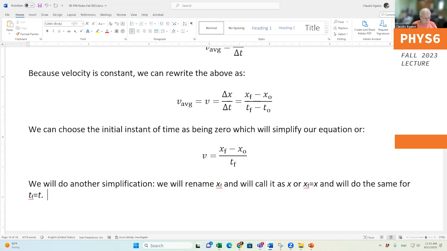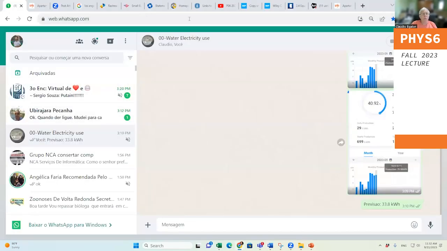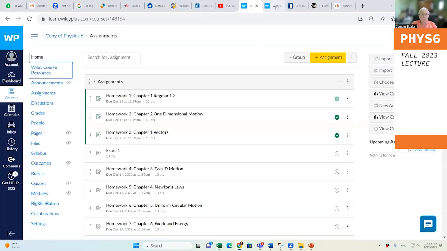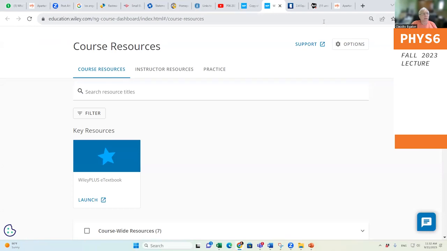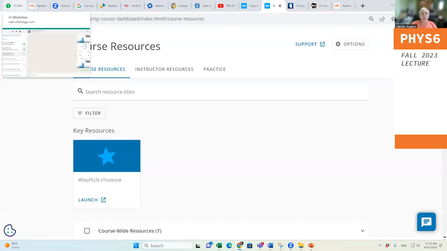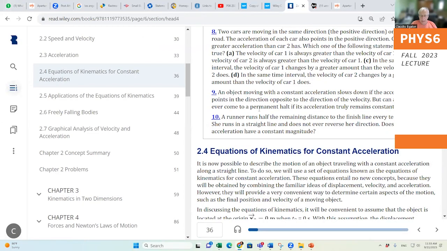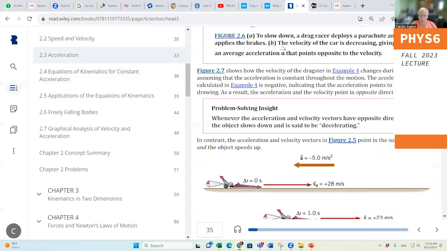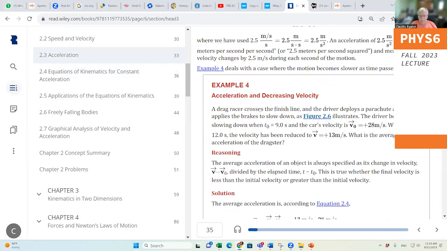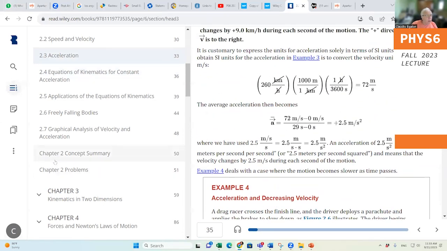Professor, I have a question. Is this chapter 1? It's chapter 2, right? Let's take a look here. Chapter 2.1? I don't have by heart exactly which section that is, but let's go to the book. Here you go. That's the one: equations of kinematics for constant acceleration. It doesn't look like they have it for constant velocity.